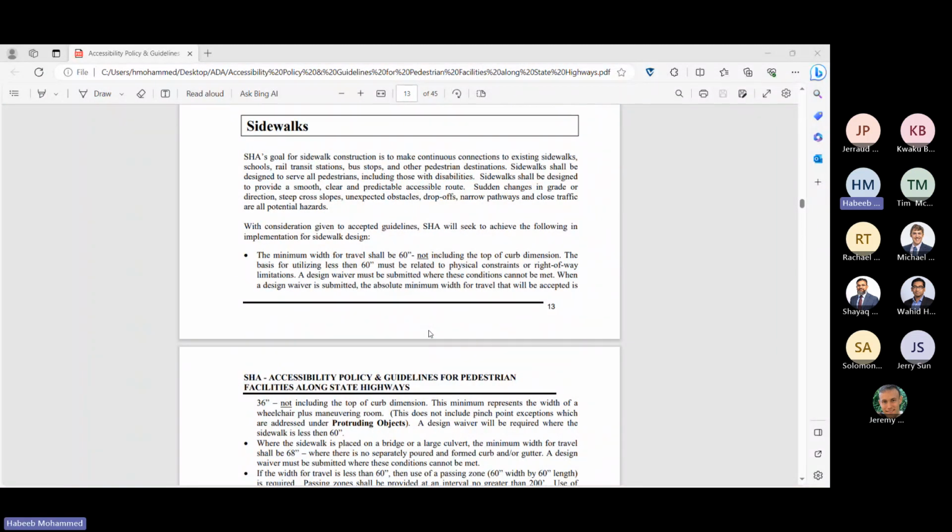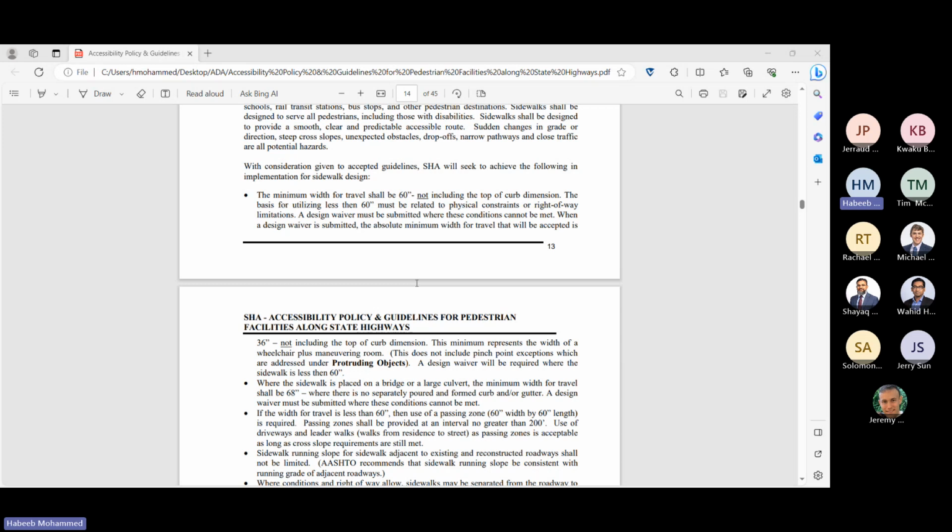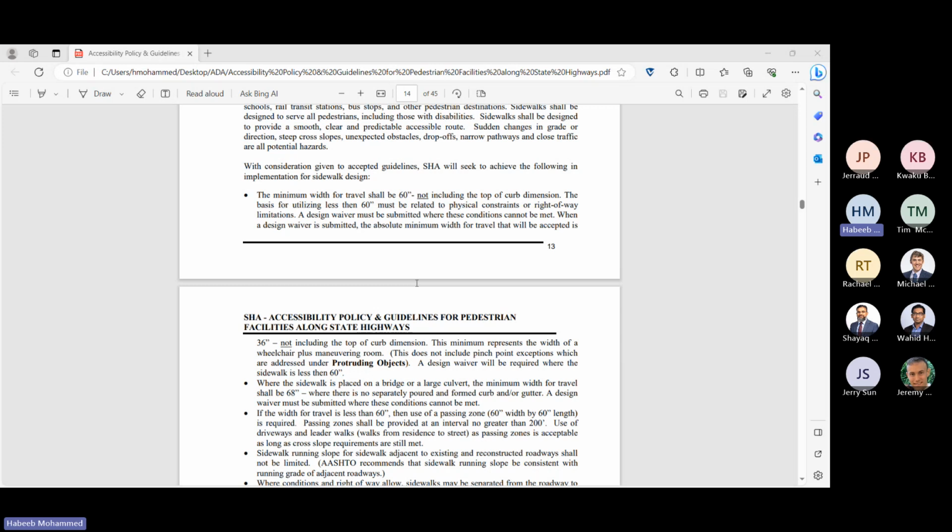Okay, you guys can see it, right? This is page 13 of the ADA manual. Is it still loading, or can you see it? If anyone can confirm, then I can proceed and go through all these bullet points they have here.